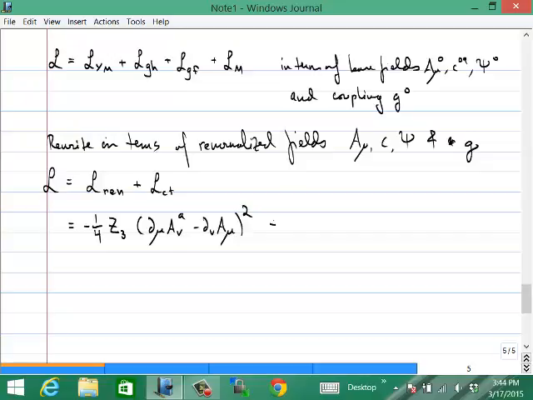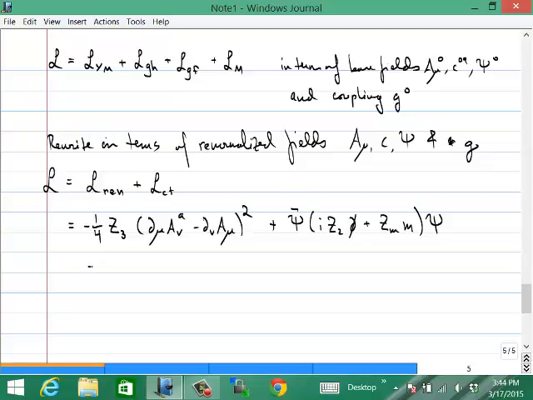And then we would have some wave function renormalization as well as mass renormalization for the matter fields, which I'll call Z2 and Zm.